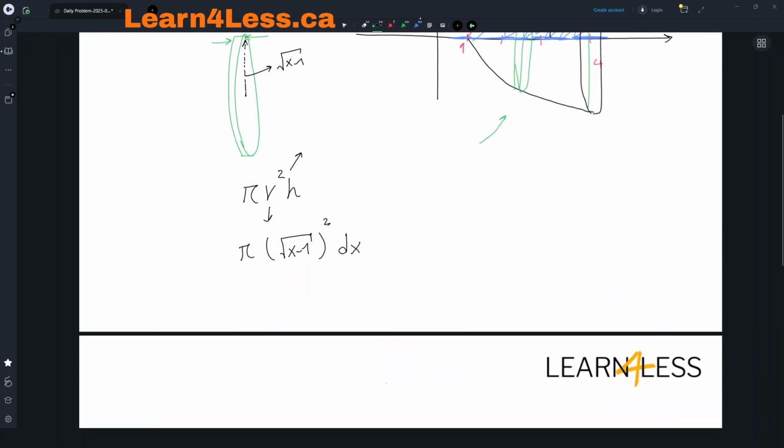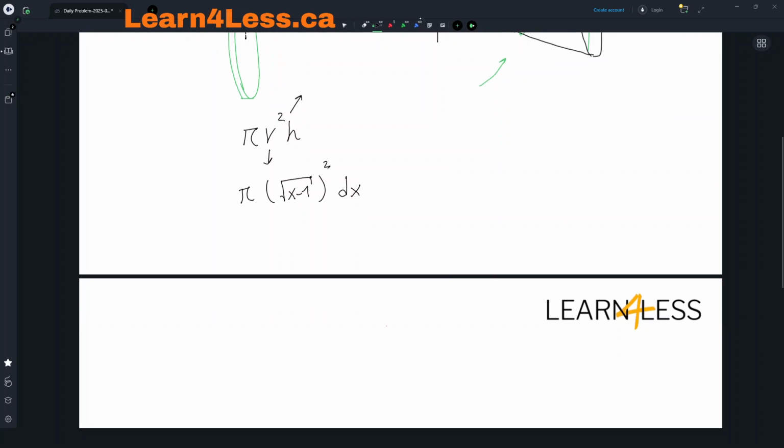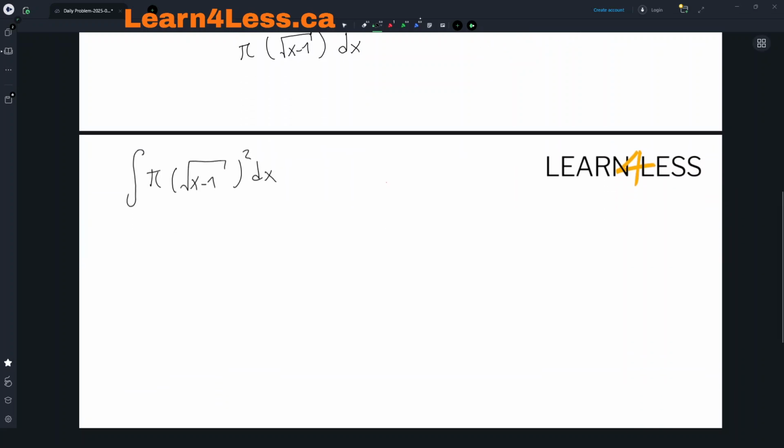So to get the entire volume, we need to add up all of these volumes, which we do with this S shape here, which we refer to as the integral. So we want to sum up these tiny volumes. Let's square that first. It's a square of a square root, so we can simply get rid of the square root. So it would be pi times x minus 1 dx.